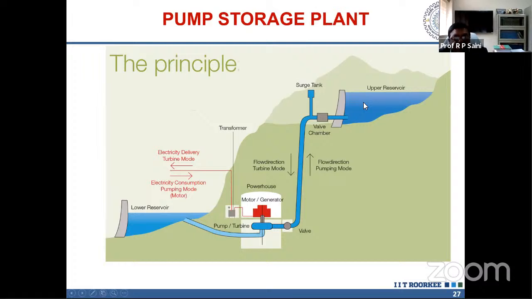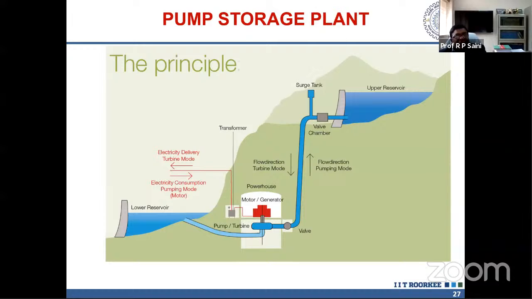Of course, in the normal case, it will not be economically feasible. But when there is electricity surplus and it is going to waste, during that period you can pump this water from the lower reservoir to the upper one. Then when you need more power, it will be used there.